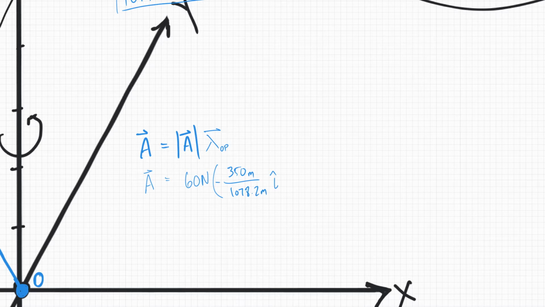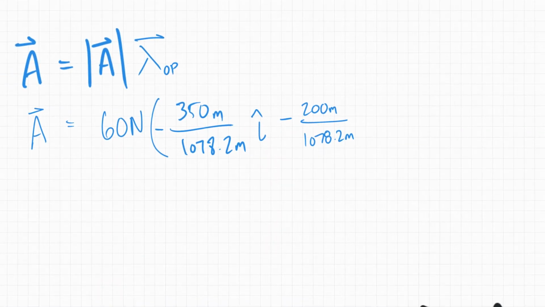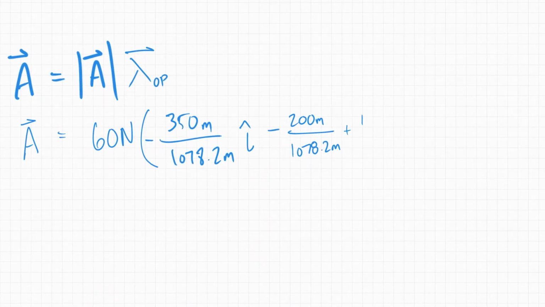That's a negative, minus, because in the Y direction we also have a minus, right? It's a minus 200 meters out of 1,078.2 meters. Notice I like to keep the units in there because they're going to cancel out. And then we're going to add 1,000 meters over 1,078.2 meters.